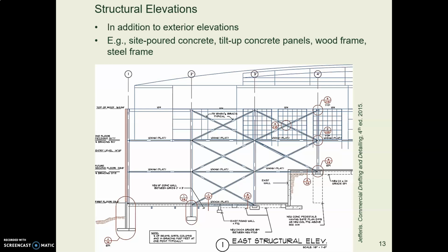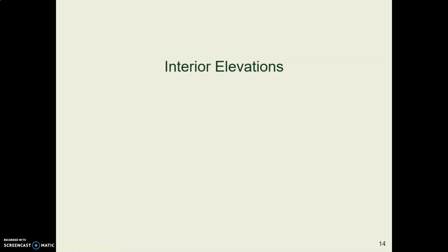Some elevations are structural. So here is a commercial building that has a structural steel skeleton, you might say, and this is the structural elevation showing where that structural steel goes and a little bit about the foundation. We also have interior elevations.